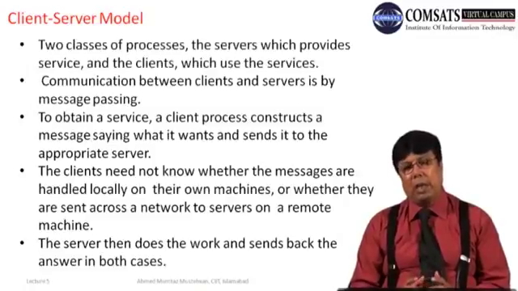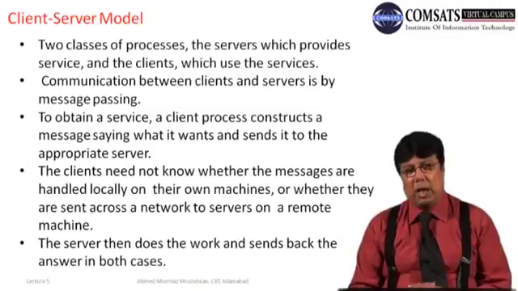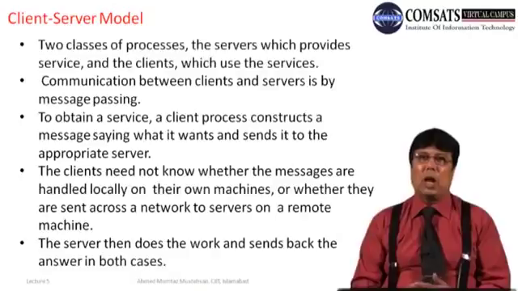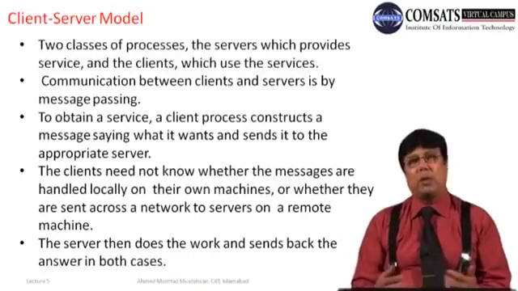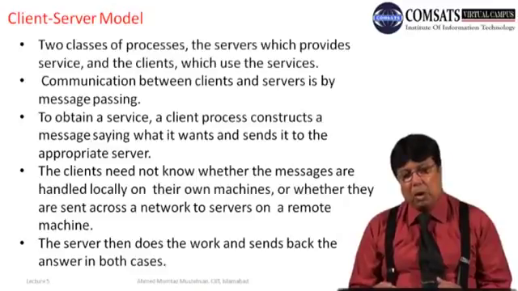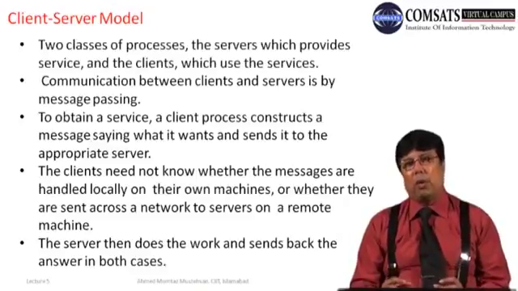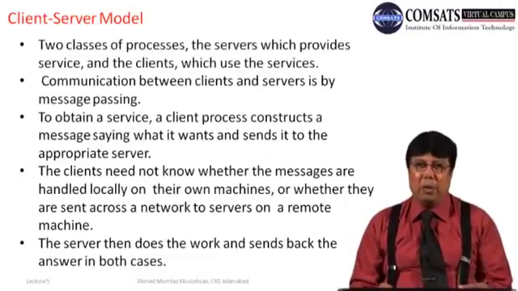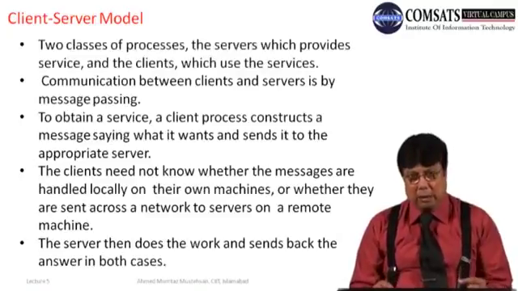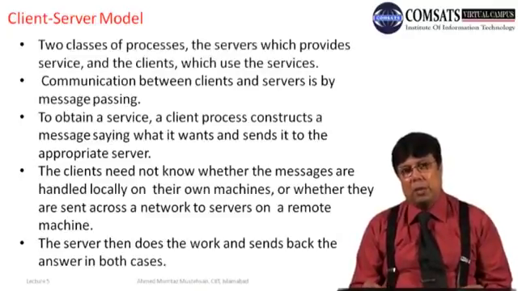Process ने for example एक वेब सर्विस रिक्वेस्ट की है, वेब पेज रिक्वेस्ट किया है और उसने एक मैसेज बनाया है वेब सर्वर के नाम. अब there is a chance कि वो वेब सर्वर भी उसी मशीन पे चल रहा हो या there is a chance कि वेब सर्वर कहीं और चल रहा है, because ये जो क्लाइंट और सर्वर मॉडल है it basically हार्डवेयर के ऊपर it connects the client processes, the client machines as well as the server machines.